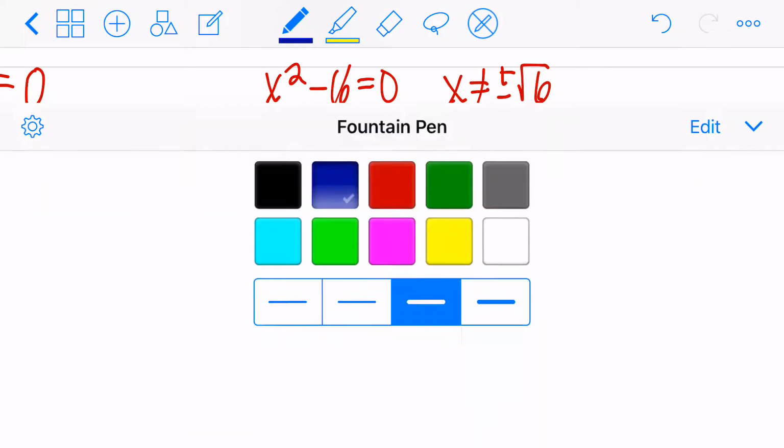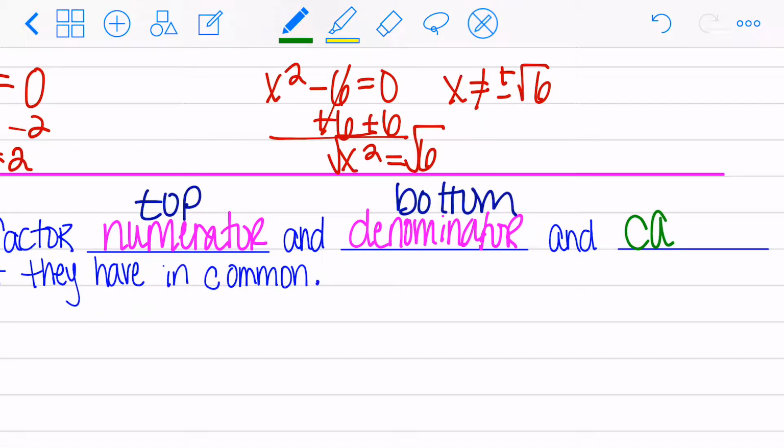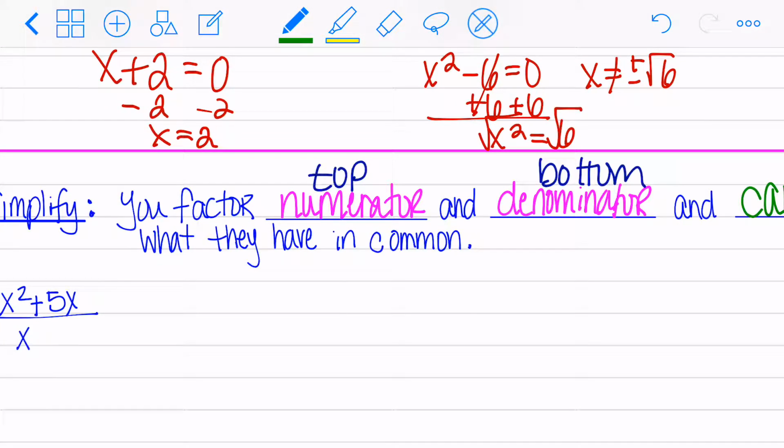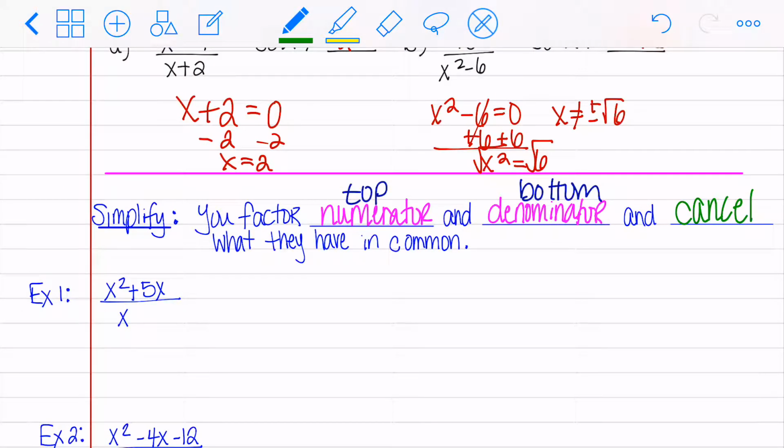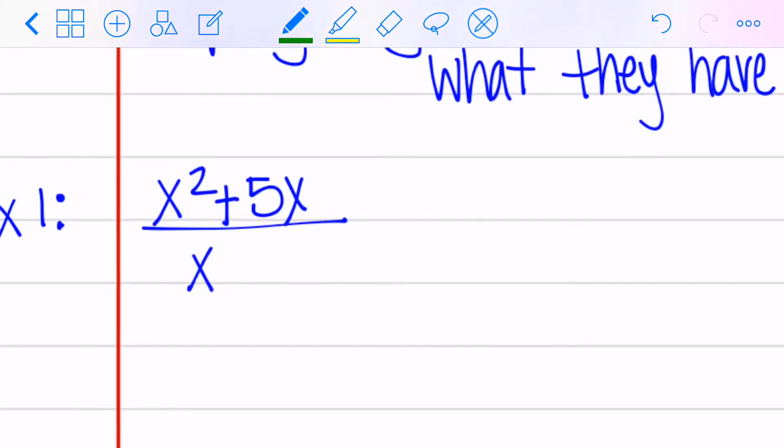And then we have to cancel any factors that they have in common. So you have to factor the top and the bottom, and then cancel anything that they have in common. So let's look at example 1.